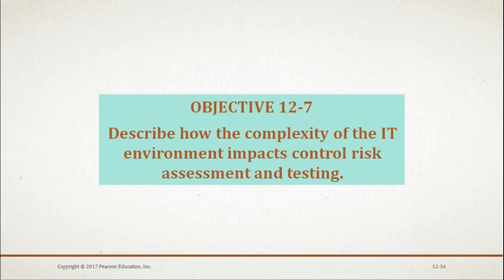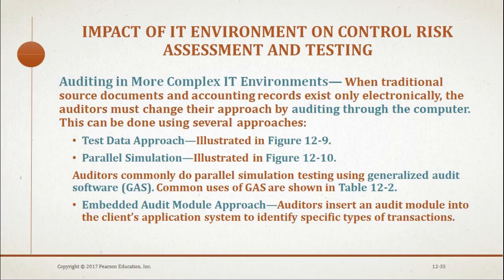We will now discuss how the complexity of the information technology environment impacts control risk assessment and testing. When traditional source documents and accounting records exist only electronically, the auditors must change their approach by auditing through the computer.